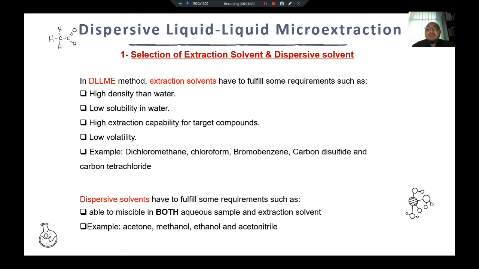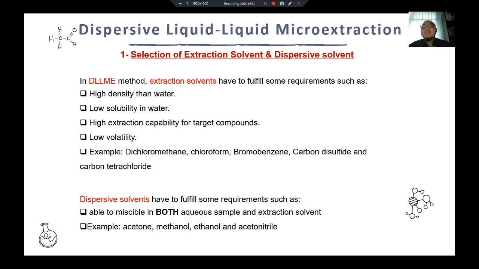How about the dispersive solvent? This is the thing that we need so that it can give us a very efficient recovery. The function of the dispersive solvent is to disperse our extraction solvent very well inside the sample.